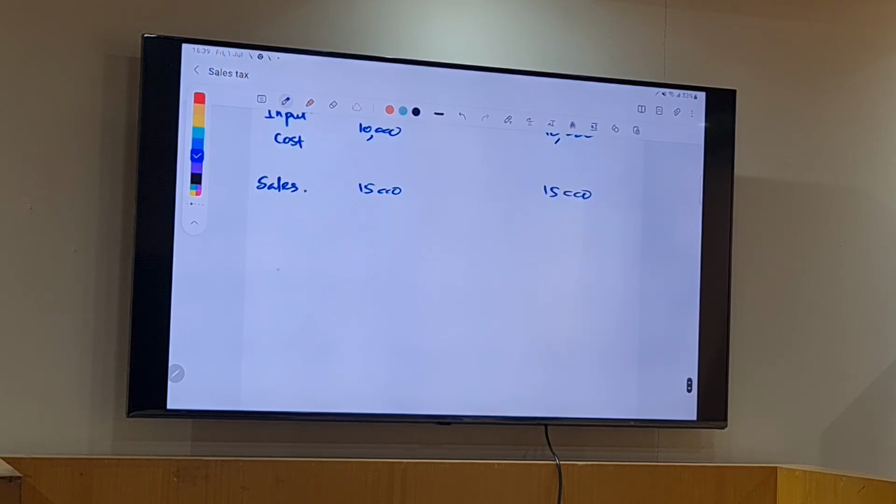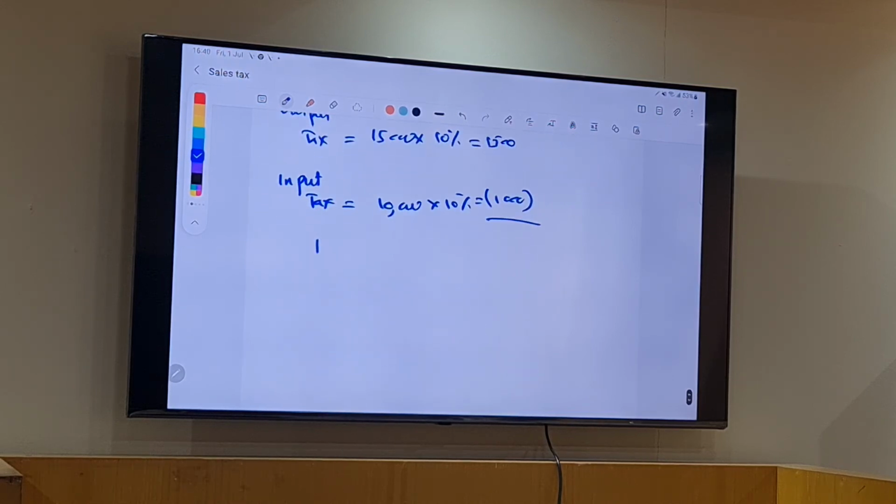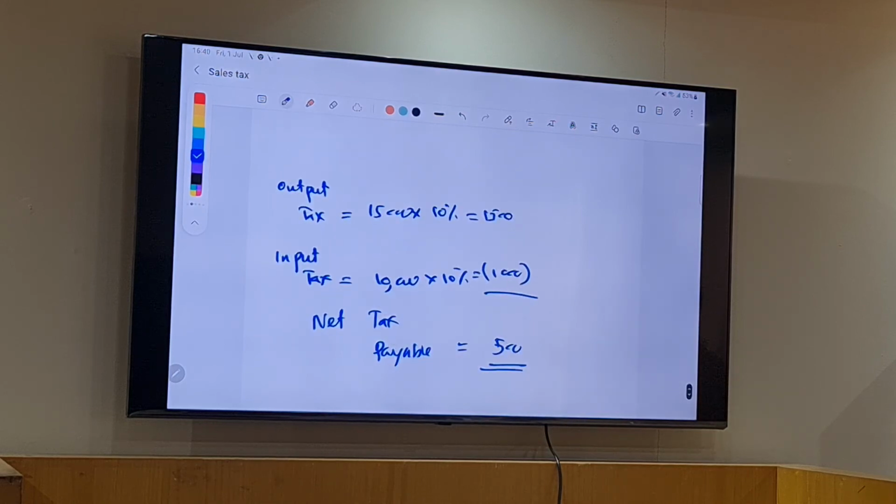So my output tax is 15,000 into 10%. How much is that? 1,500. My input tax is 10,000 into 10%, which is 1,000. So I have a net tax payable. How much? Is that clear?